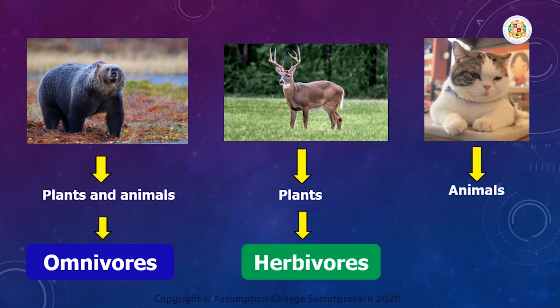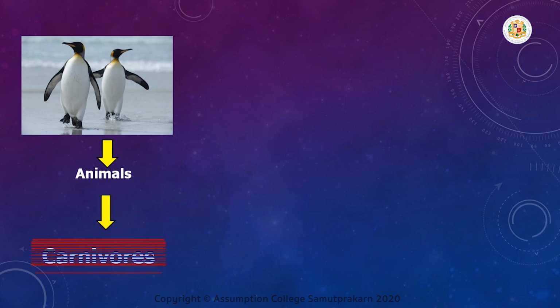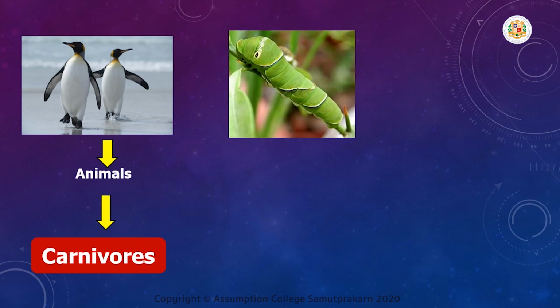A cat is an animal. A cat eats animals, and cats belong to carnivores. Next, penguin. The penguin eats fish, and fish is an animal, and this penguin belongs to carnivores. What is this?